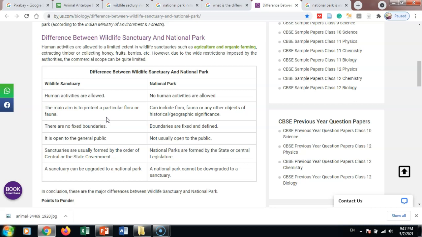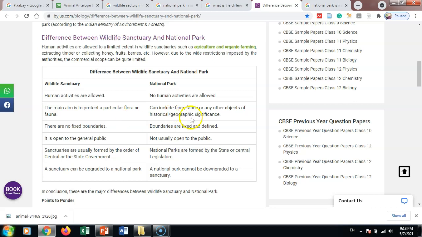When we study the names or examples of wildlife sanctuaries and national parks, you can easily understand that a wildlife sanctuary is specifically for a particular flora or fauna, meaning the conservation of that particular flora or fauna, dedicated to a particular plant or animal species.